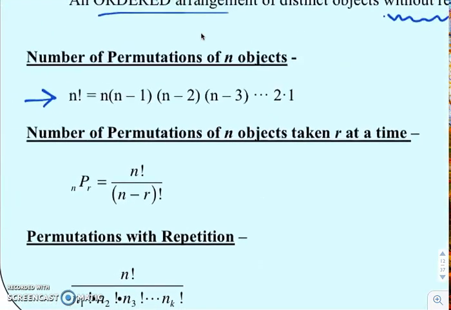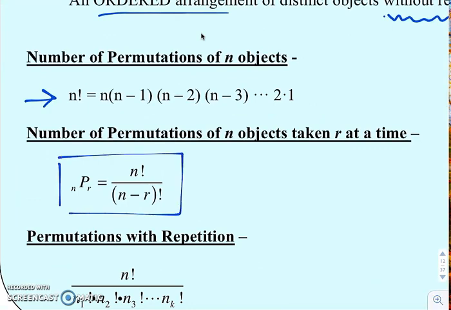So there is a formula for permutations. It's the number of objects, that number factorial, over that number minus the number of objects taken, factorial.